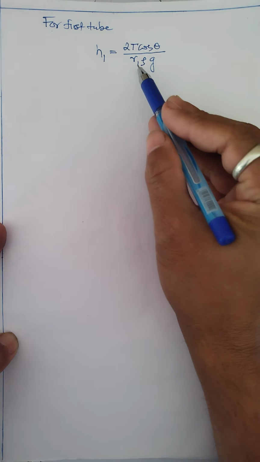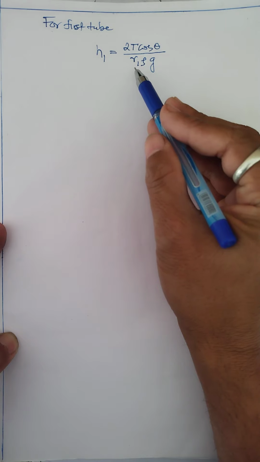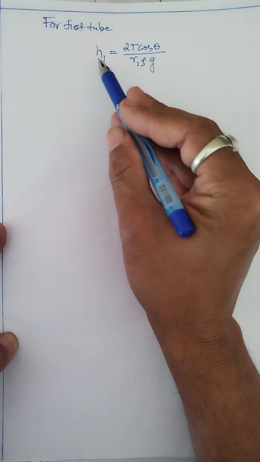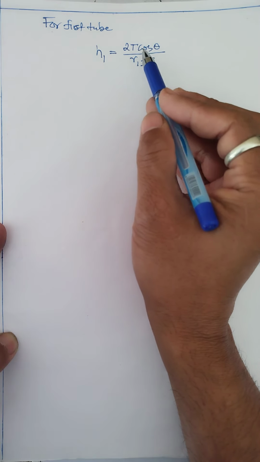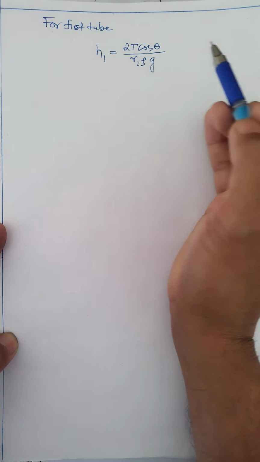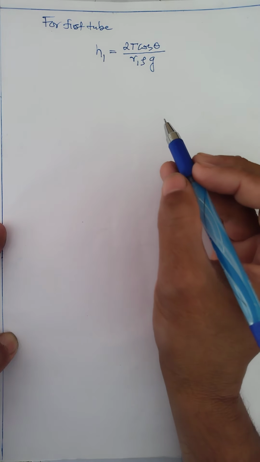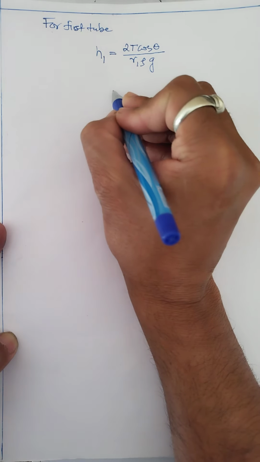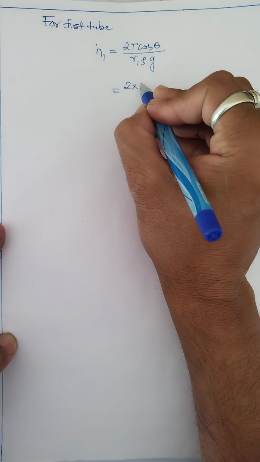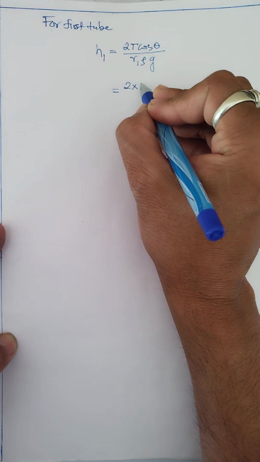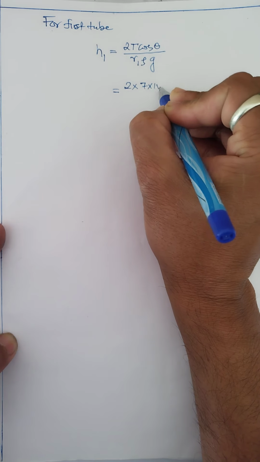I am writing r1 because r1 is the radius of the first capillary tube, so that the height of the first capillary tube is h1. So h1 equals 2T cos theta by r1 rho g. From this we can calculate the height acquired by the first capillary tube. Now for this, 2 into T is how much? The surface tension of water, that is given 7 into 10 to the minus what?